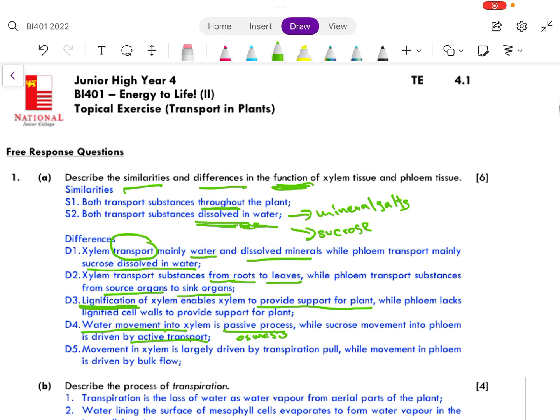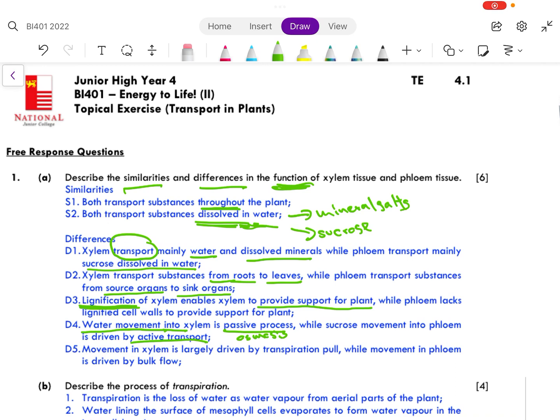So cells surrounding the phloem actively pump the sucrose into the phloem via active transport. Whereas a lot of the water moving into the xylem moves in via passive processes like root pressure, transpiration pull, and capillary action. All of these help in moving the water into the xylem.